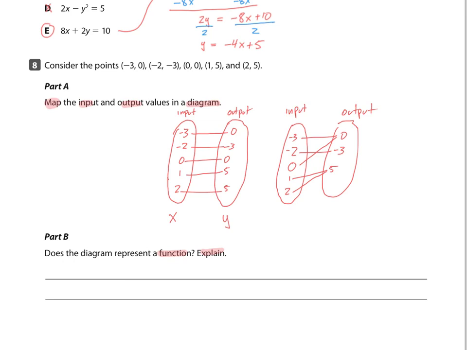So we're going to write, it is a function because each input has only one output.